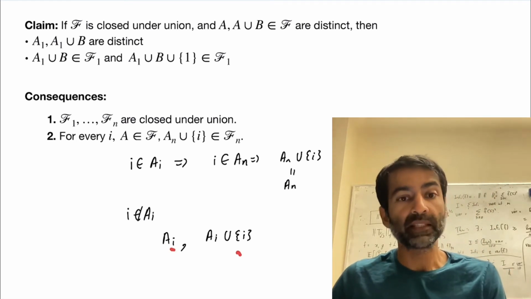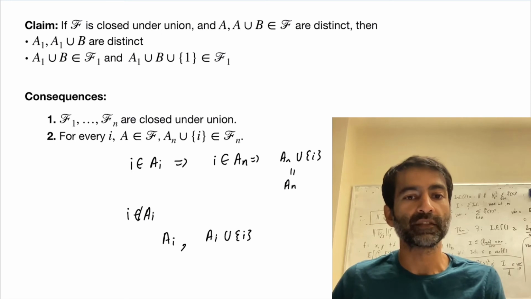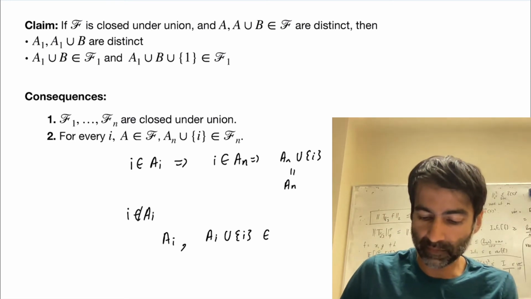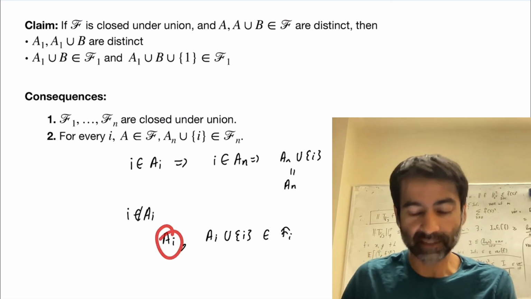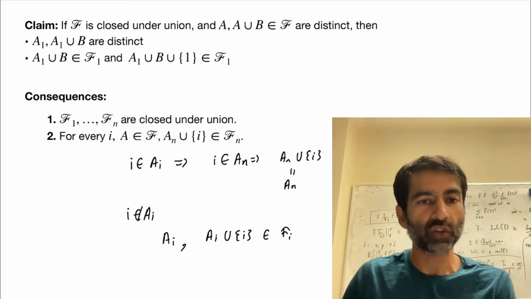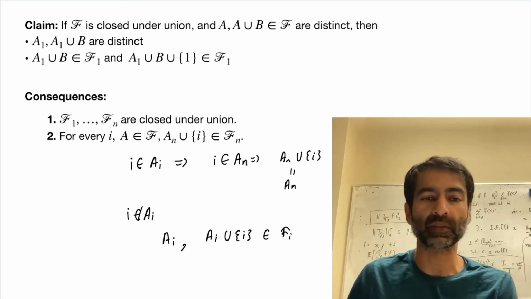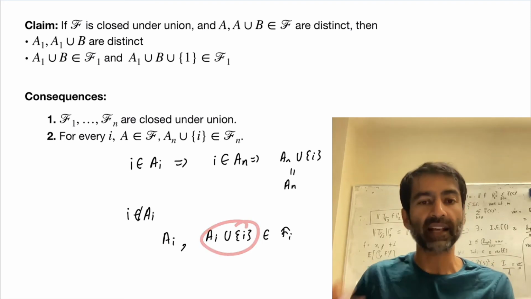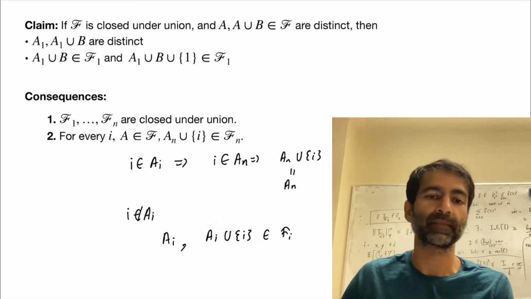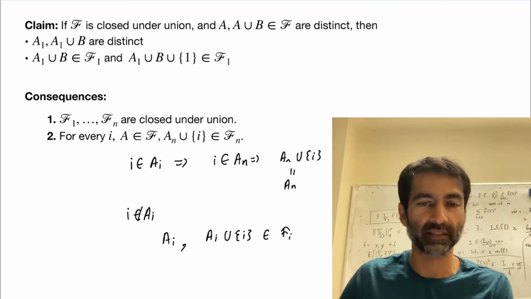Both of these have to be distinct, because i does not belong to A_i, and moreover both of them have to belong to the family F_i, because A_i certainly belongs to F_i, and then we try to add i to the set A_{i-1} in the previous step, and that means that A_i union i has to belong to F_i, whether we succeed in adding it to A_{i-1} or not.